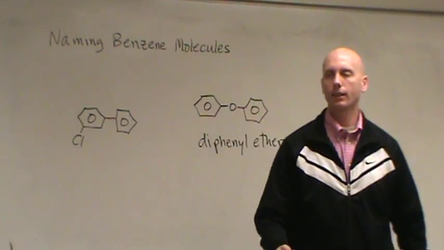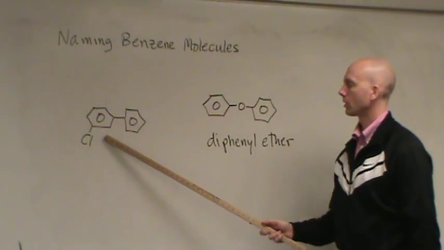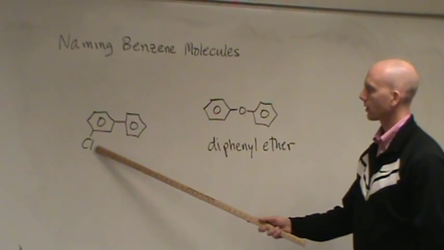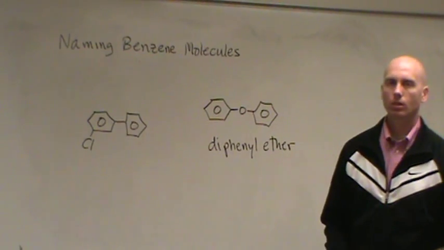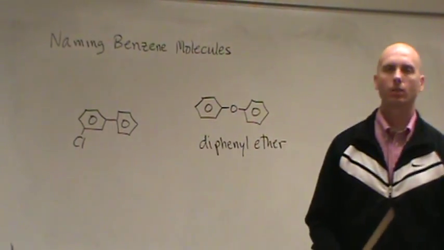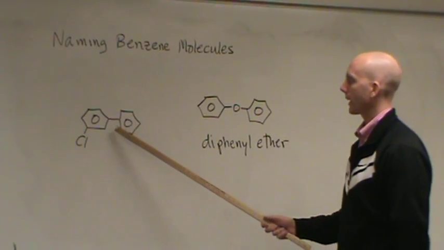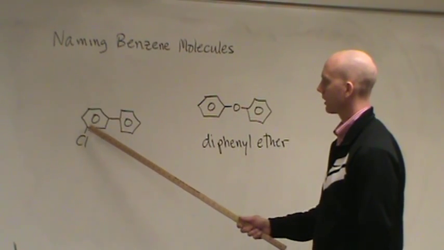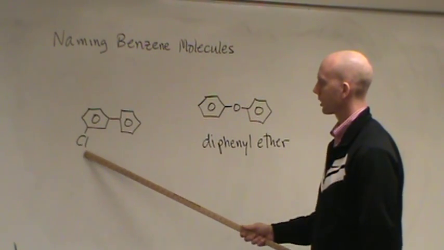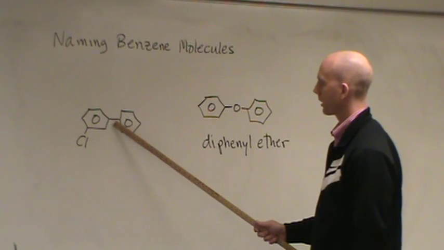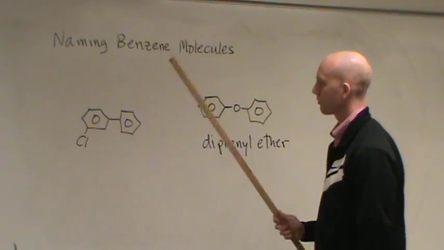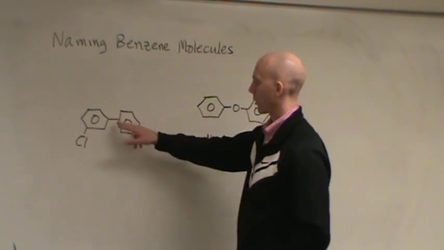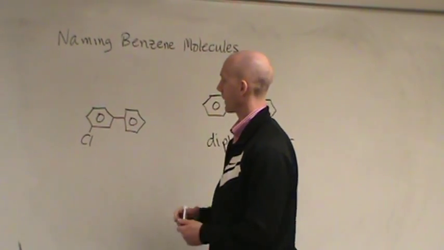Let's suppose we had this molecule. We got 2 benzene rings attached to each other and a chlorine. How are we going to handle that? Okay. The way we handle that is focus in on the middle benzene. Notice it has the chlorine as a group and what? A phenyl group right here. And they are what to each other? Meta.